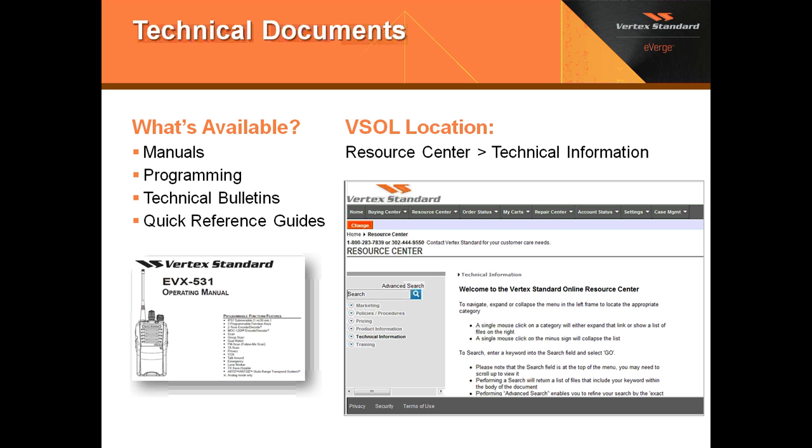We have manuals, programming software, technical bulletins, and quick reference guides to cover each of the features we covered in this presentation and a few additional ones. I think there's a total of 8 of them.